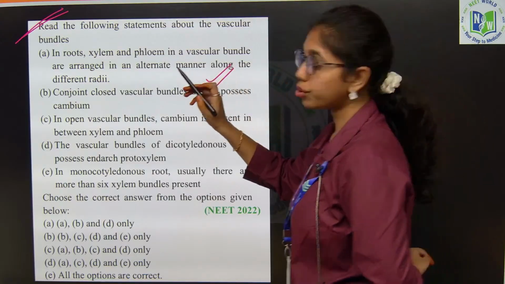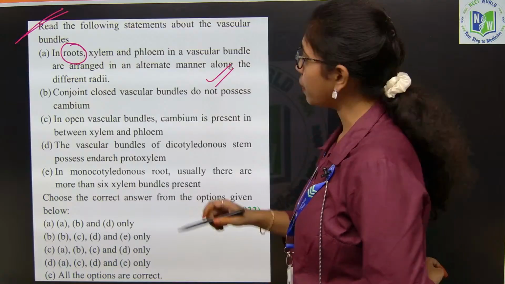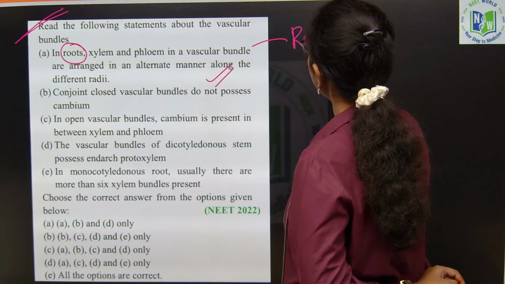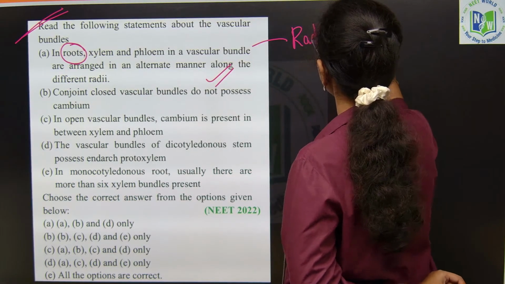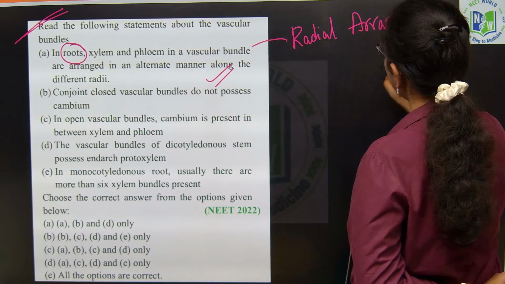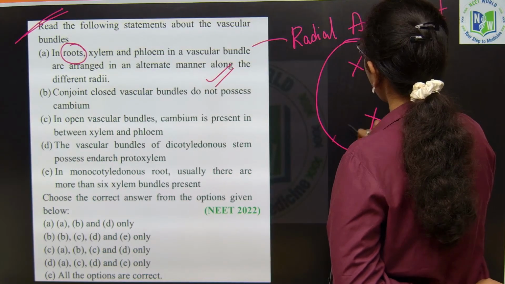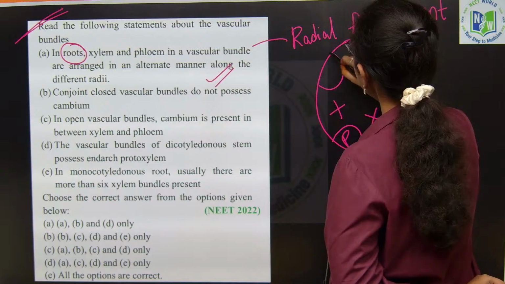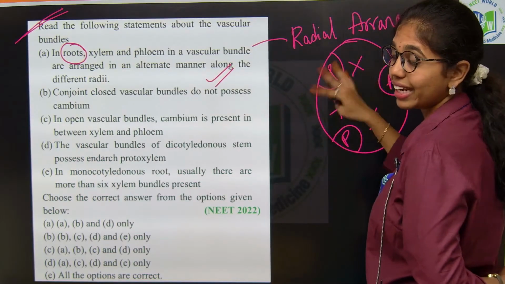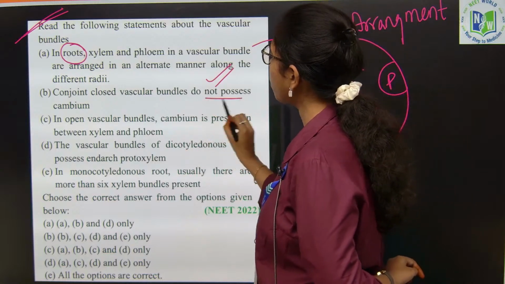Of course, this is true, because in root what type of vascular bundle arrangement will be there? Radial arrangement of vascular bundles, wherein xylem and phloem are present alternately, radial in arrangement.